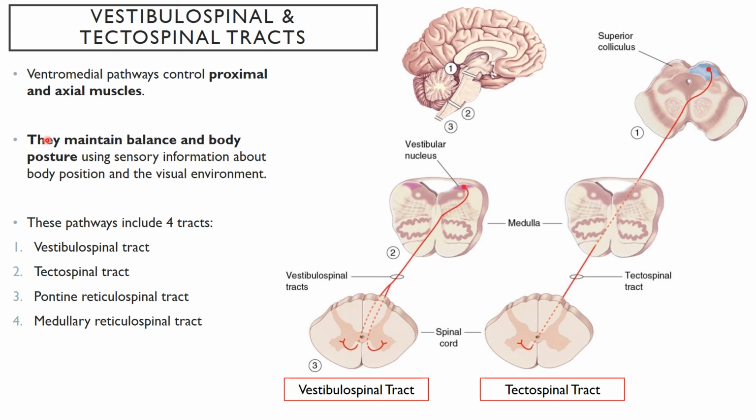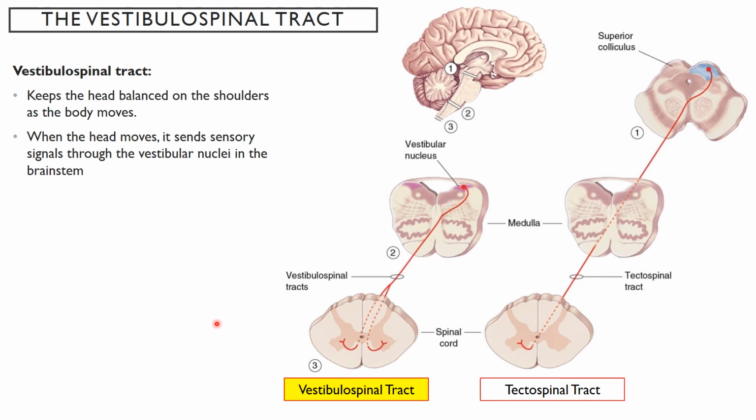They maintain body balance and body posture. So they're controlling muscles within your arms and your legs in order to maintain body posture. These pathways include 4 tracts. There's the vestibulospinal tract, the tectospinal tract, pontine reticulospinal tract, and the medullary reticulospinal tract.